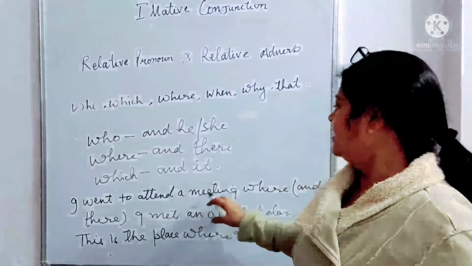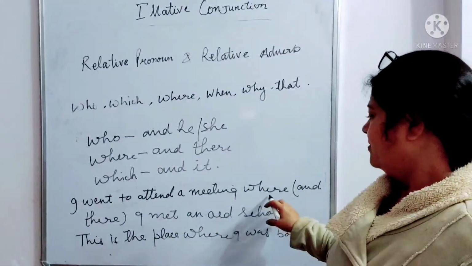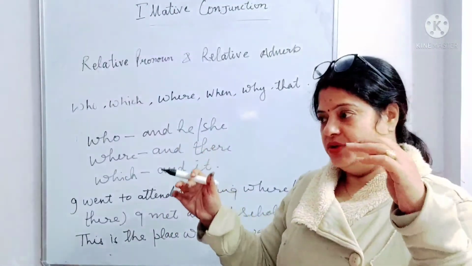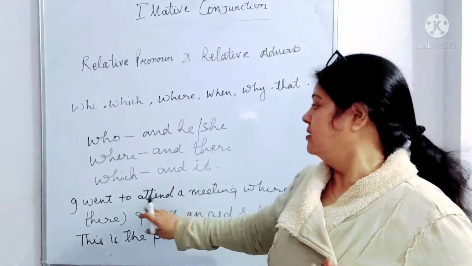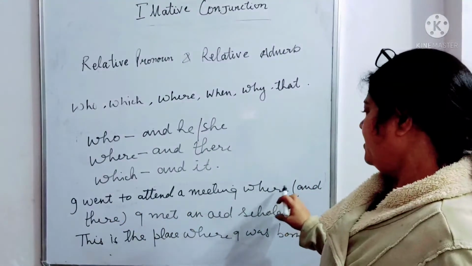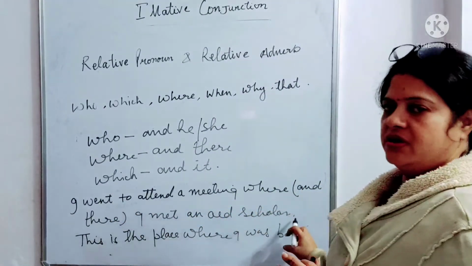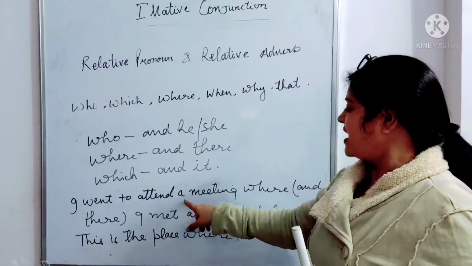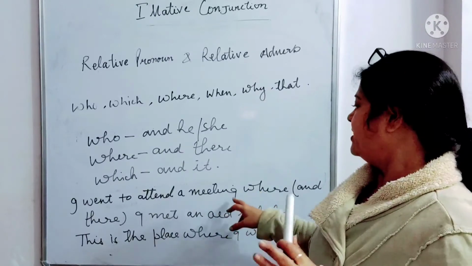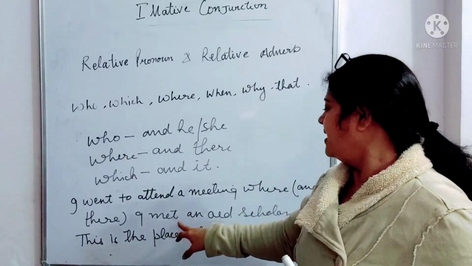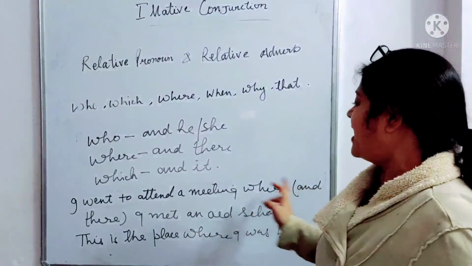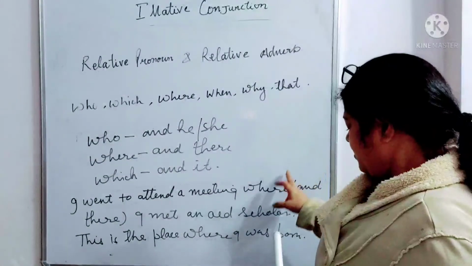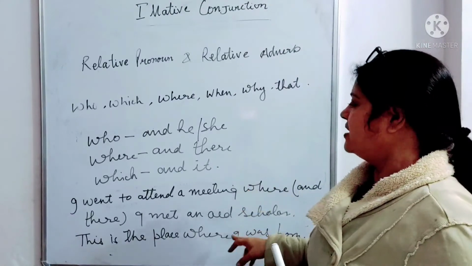I went to attend a meeting where, which gives the impression of "and there." Okay, because two things are happening together. I went to attend a meeting where I met an old scholar. So the first clause shows the first action, I went to attend a meeting, where I met, where giving the impression of "and there," I met an old scholar. So this is a compound sentence.